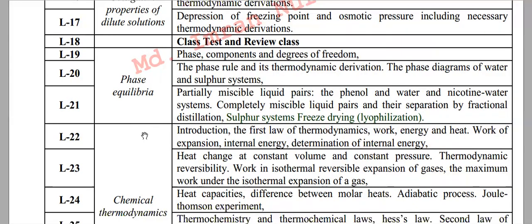And phase equilibria will provide us this insight that we can use the principle of the phase diagram for drying these perishable but thermolabile substances. For example, enzymes or monoclonal antibodies, which are perishable, but you cannot dry them by heating because they become degraded when you heat them.